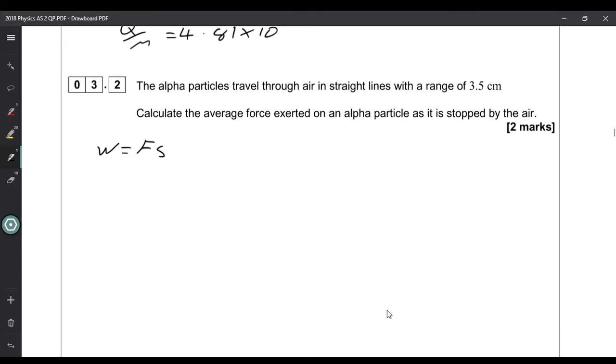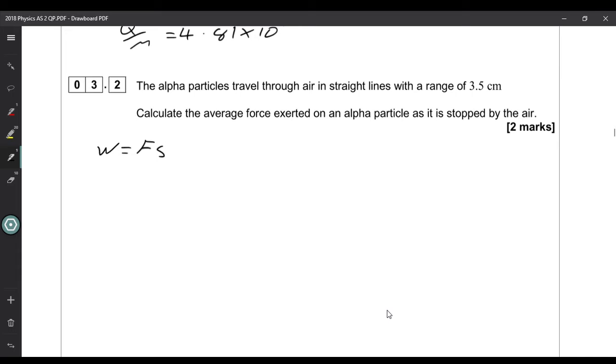We know that the work done is the kinetic energy that the particles have, and for them to be stopped, that kinetic energy has got to be reduced to 0.